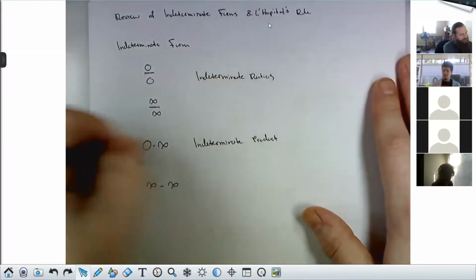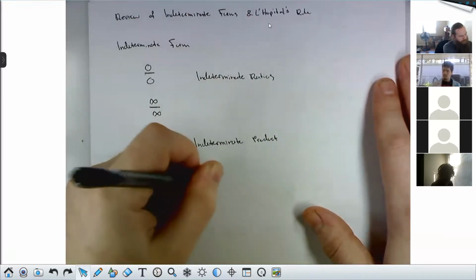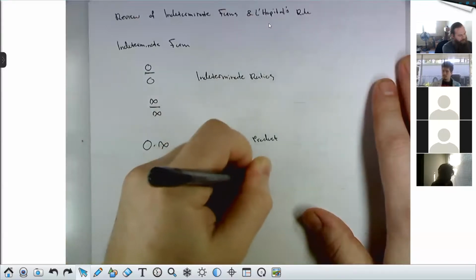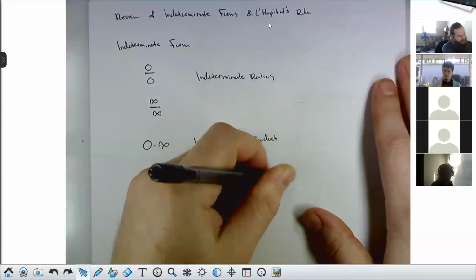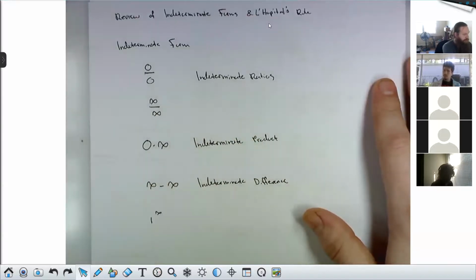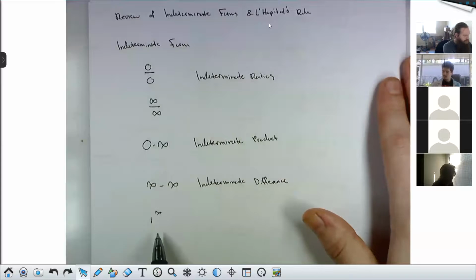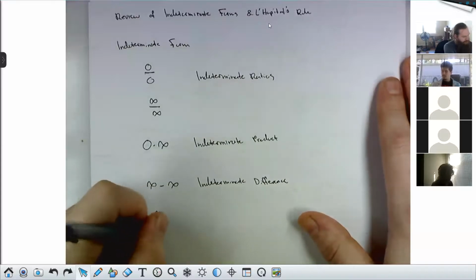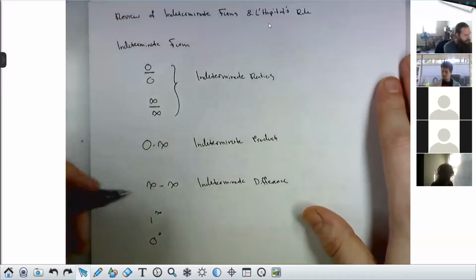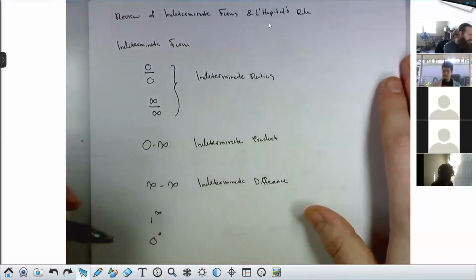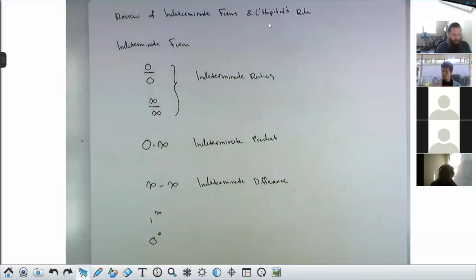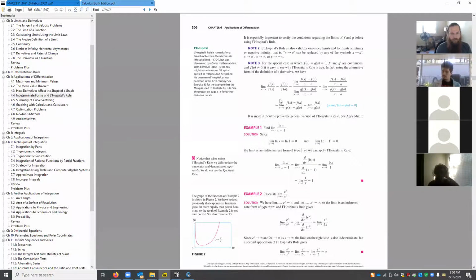Infinity minus infinity, which is called an indeterminate difference. What else? 1 to the infinity. There might be a couple others like this. I think 0 to the 0. So these are all indeterminate ratios, indeterminate product, indeterminate difference. I want to say 0 to the infinity is also an indeterminate form. Let me just double check.